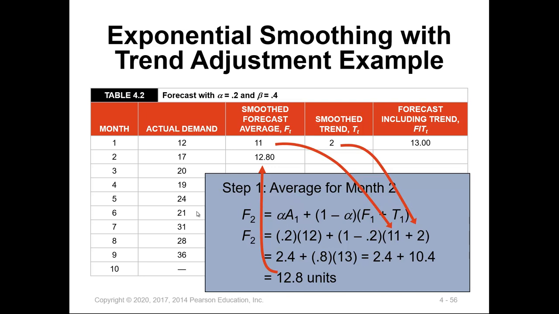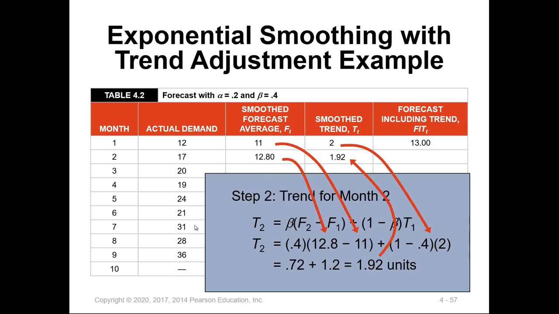So first let's find the forecast average for month 2. F of 2 will equal 0.2, which is alpha, multiplied by 12, plus 1 minus alpha, which is 1 minus 0.2, multiplied by 11 plus 2, which is the trend for the first month. Calculating the values, the result will equal 12.8 units.